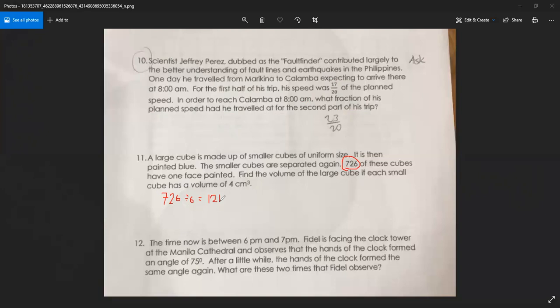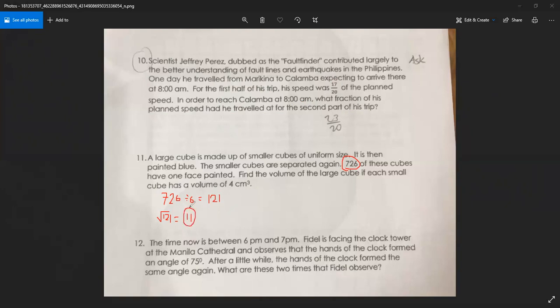121. It means the area of each face is 121. So what we are going to do here is to get the square root of 121. Getting the square root of 121, that is actually 11, correct? Now, after this, we need to identify the size of the cube.